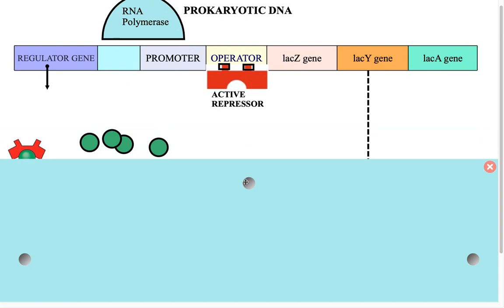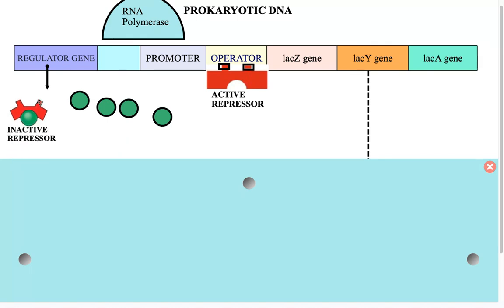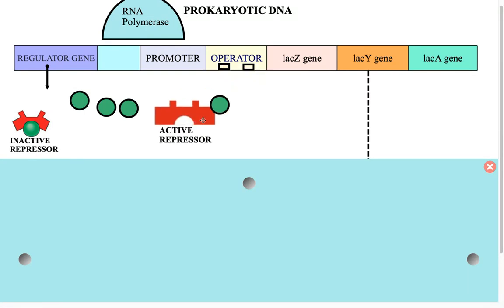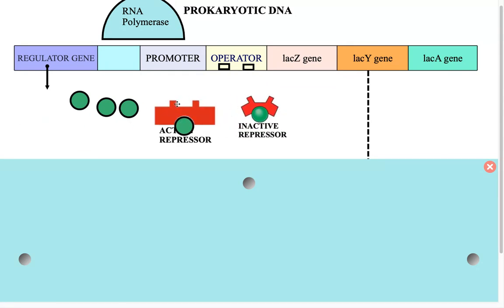Once we introduce a couple molecules of lactose, a lactose molecule will bind to the active repressor. And essentially what it does is it creates an inactive repressor. And you could see that the shape is different.